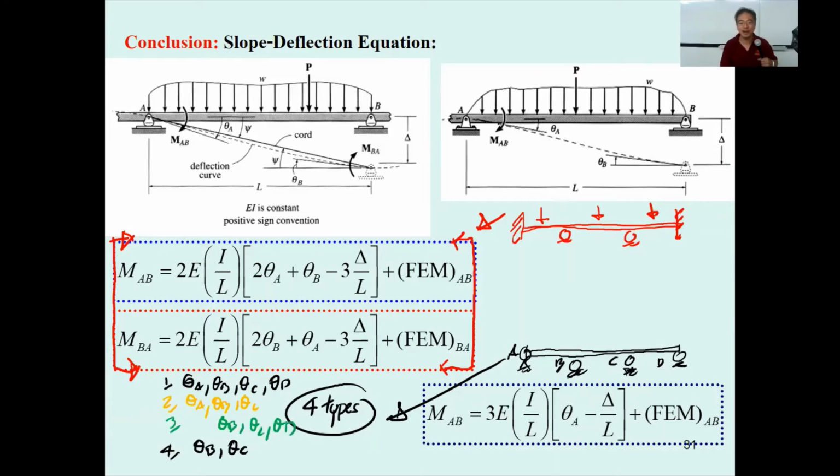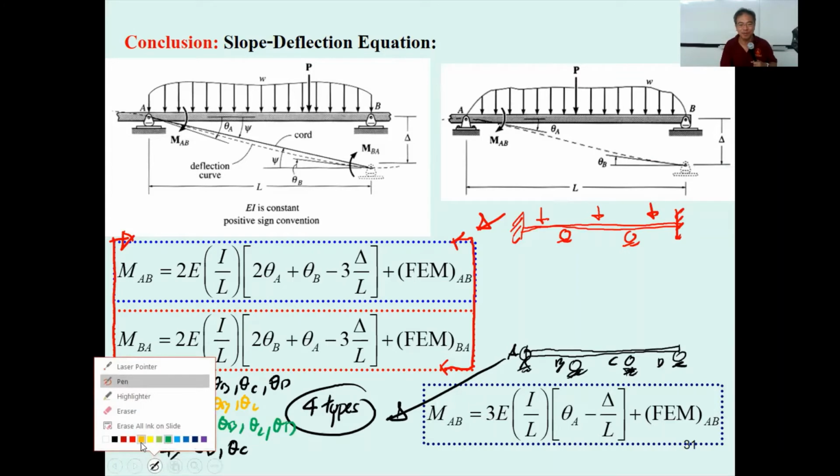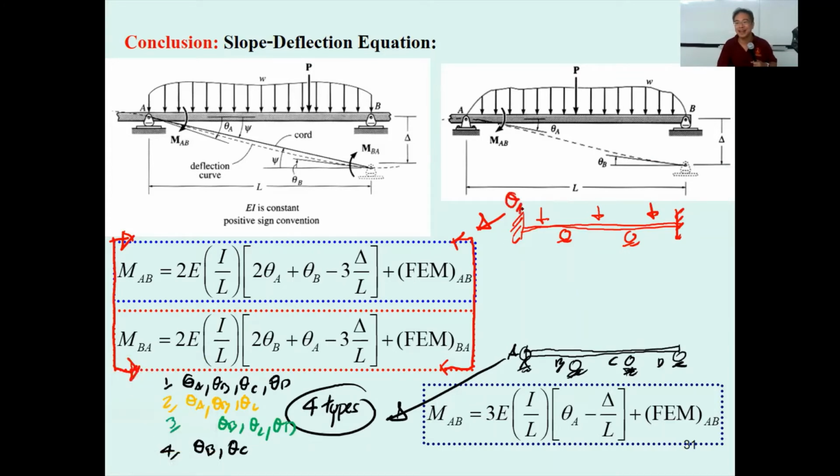But for this problem on the top, theta A is 0 for sure, theta D is 0. You are looking for theta B and theta C. So you just use this equation.